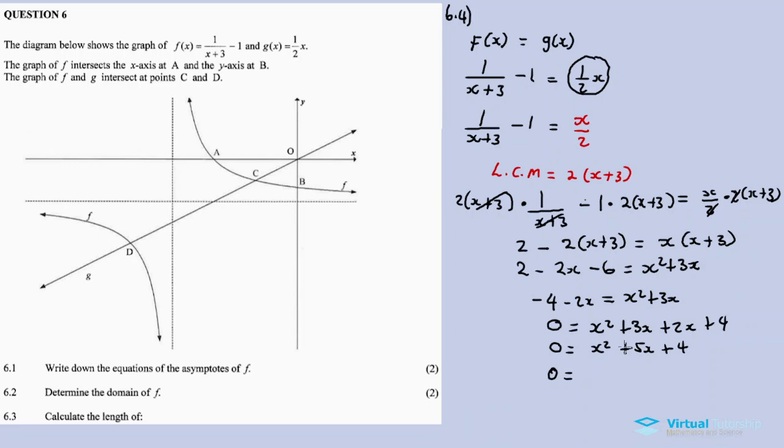From this point you can use the quadratic formula. If you don't like the quadratic formula, just find the factors using the factoring method or completing the square.